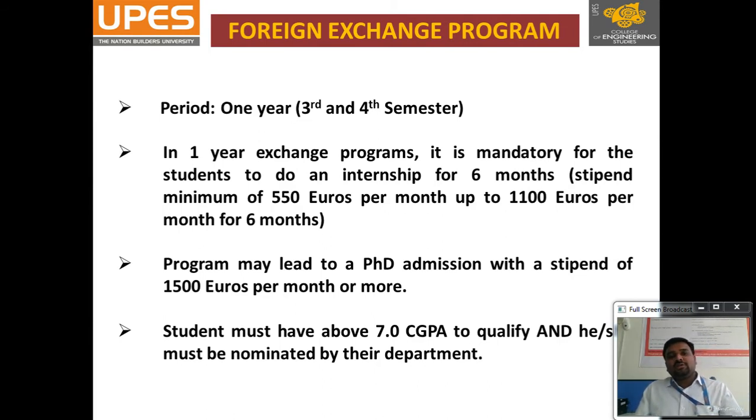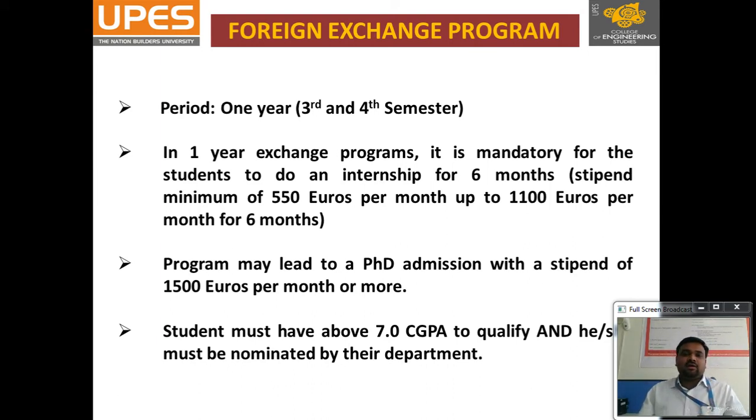UPES has also started one initiative where the students will be going to foreign universities under the program called the Foreign Exchange Program, where we are having ties with some French universities, and students will be going there, performing the projects, the credits will be earned, and the same credits will then be credited for the final assessment of their MTech degree.